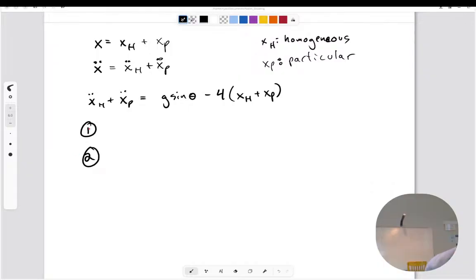I wrote out my full equation. I'm going to split it up into 2 equations, which are a little easier for me to solve. I've seen them hundreds of times. Maybe you've seen them a couple of times in your life, and now you'll see them again. Sooner or later, you'll see them hundreds of times. It catches up with you.